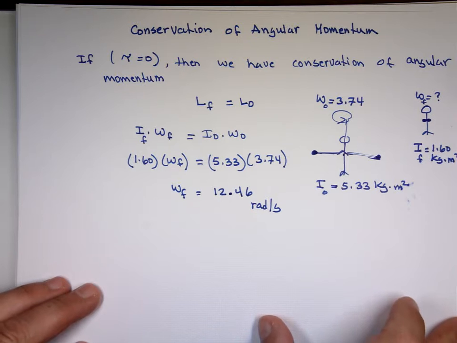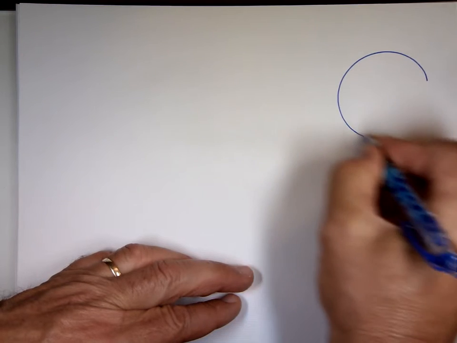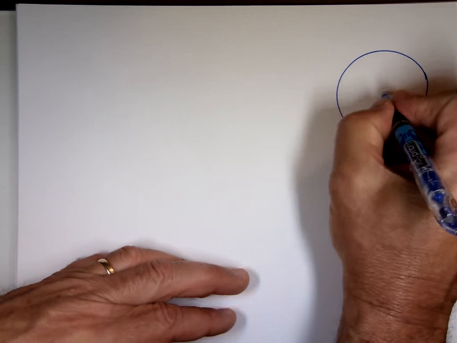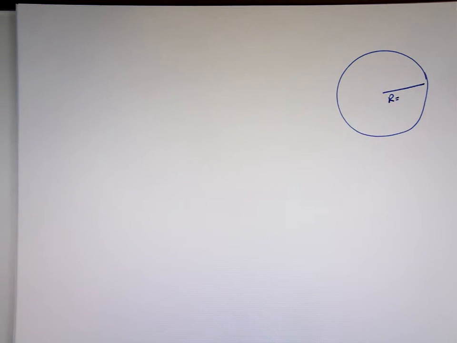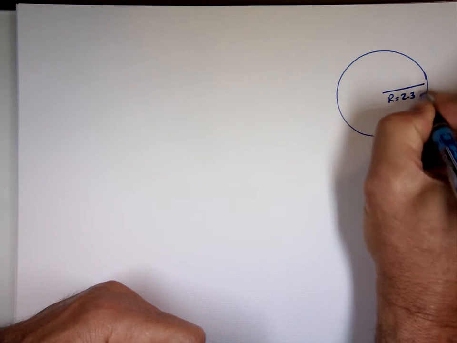Let's try another one. Let's take stars. We have a star, a big star here. It has a radius R equals 2.3 times 10 to the 8 meters.